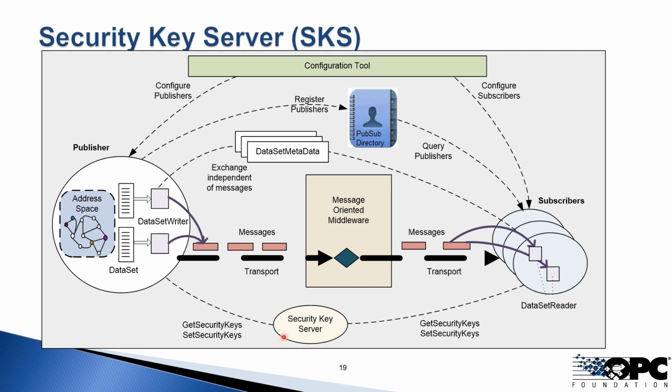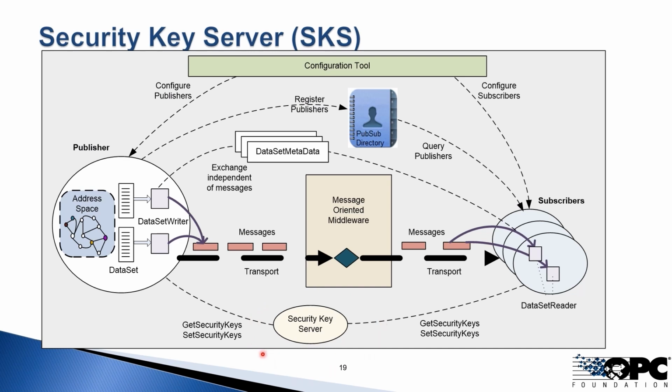So this service again is one that, the good news here is PubSub is set up in a way that when you attempt to find the security key server and the location of it, it pretty much directs you to its location no matter where it is.